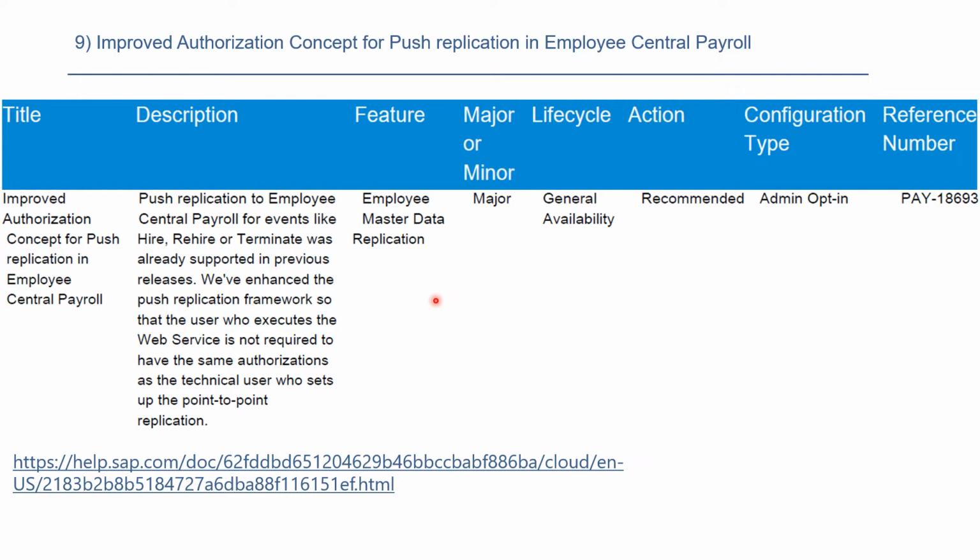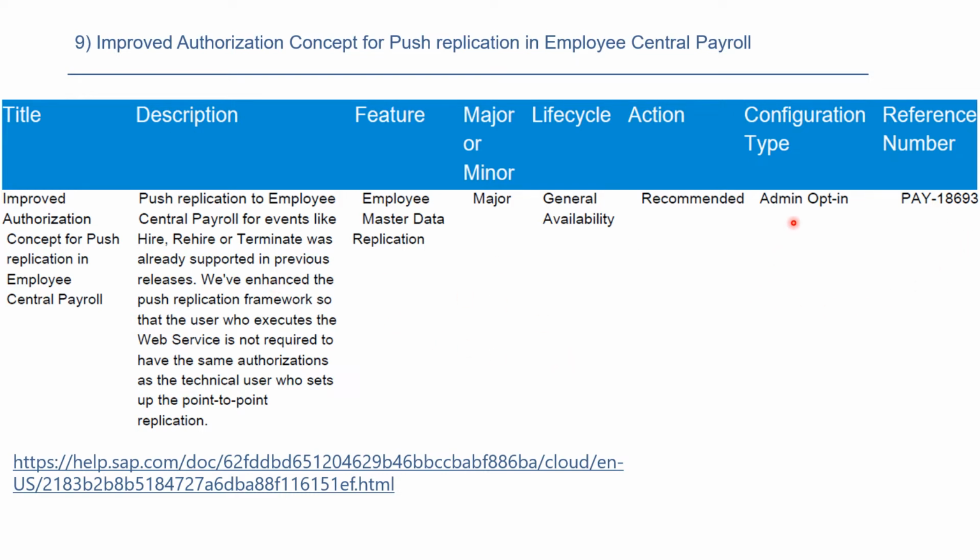For example, if I am running the PTP replication, my ID would be utilized for running it. But SAP has come up with the concept that it will pull the system specific authorization and not that of whoever is running the particular program. This is an improvement SAP has come up with for push replication in employee central payroll.